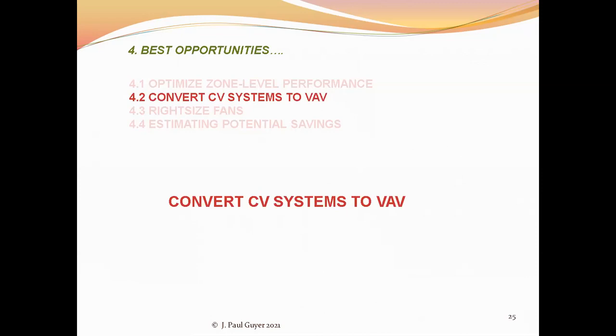It's because typical airflow requirements for VAV systems are only about 60% of that required for constant volume systems. So a significant potential energy saving as far as the energy consumed by the fan is concerned.